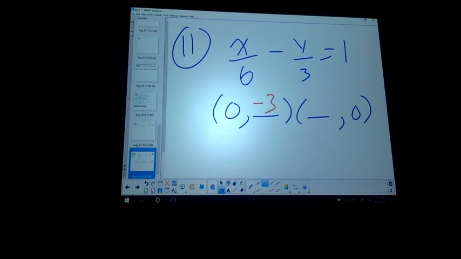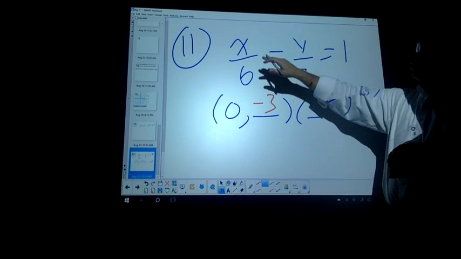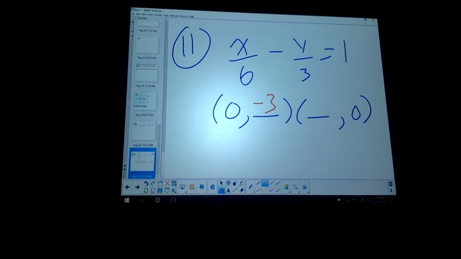Does everyone see why? If this is covered up, you have that negative that needs to come along. And then this is a y value, so that covers up. So then I get x over 6 equals 1. So what does x have to equal? 6. And then make my official looking graph.